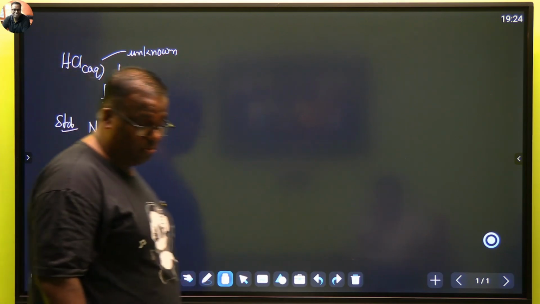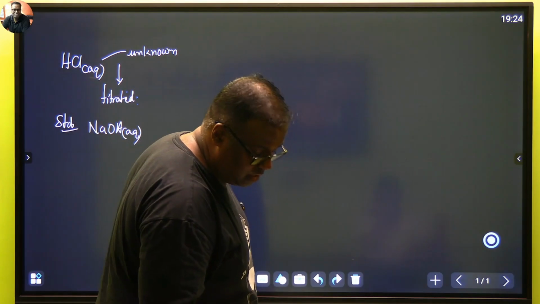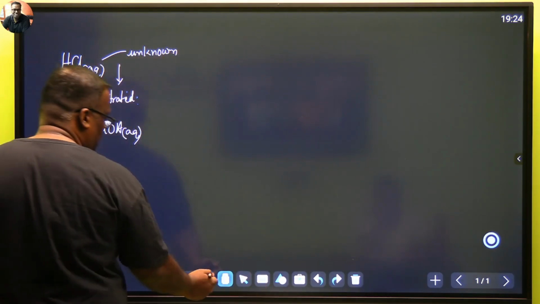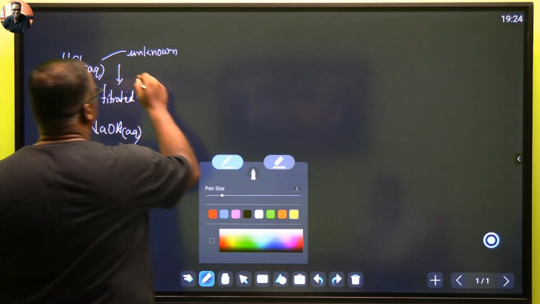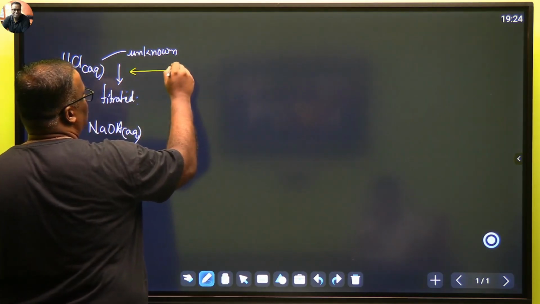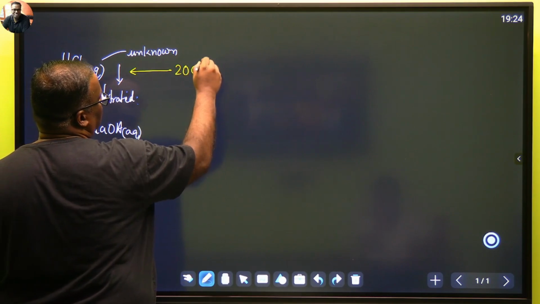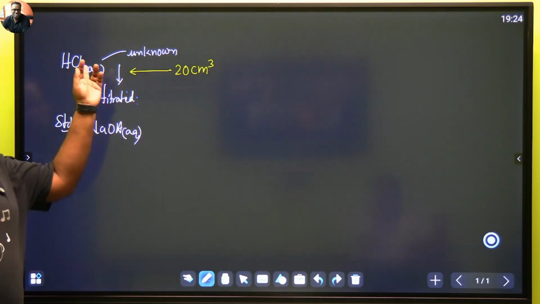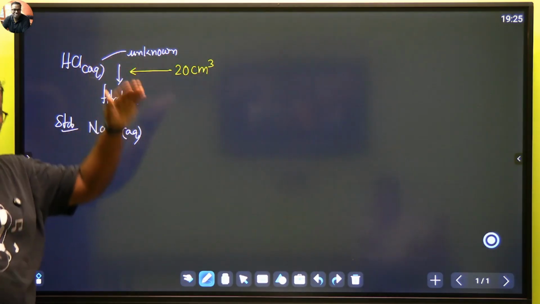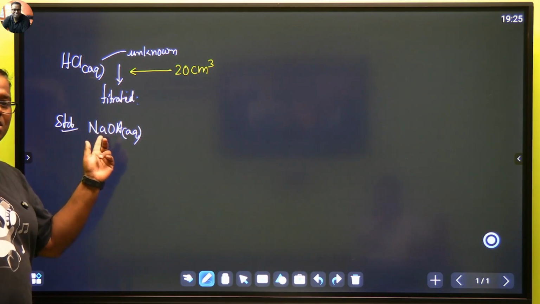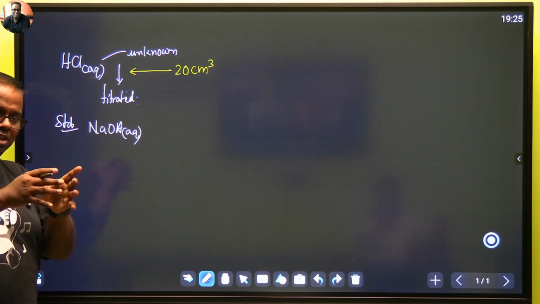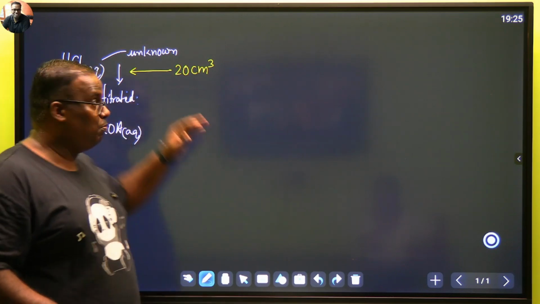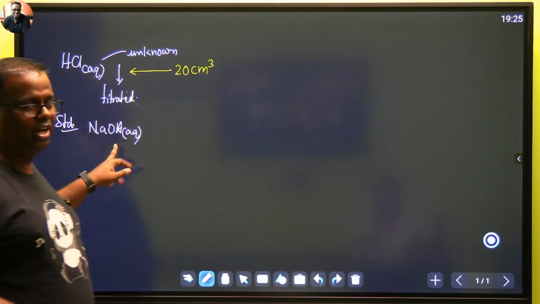Standard means there has to be some data. Okay. Now I'm writing the data in a different color. You found that 20 centimeter cube. In this experiment, children, look here, this fellow was in the burette. He was pouring down, and this fellow was pipetted and then put in the beaker. 20 centimeter cube, meaning this much of it defeated the other.